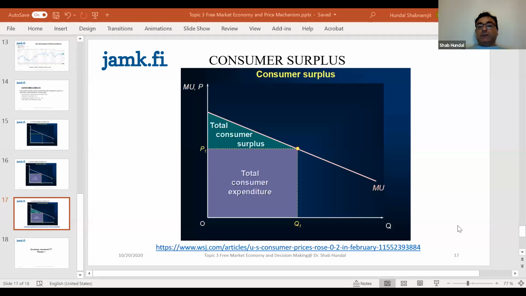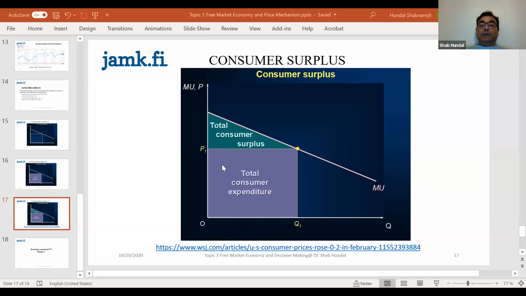Because of the rising wages of the American workers, their willingness or preparedness to spend has gone up. So this curve part has gone up. On the other hand, because of low inflation, their expenditure has gone down. So imagine that this P1 is P2 down.